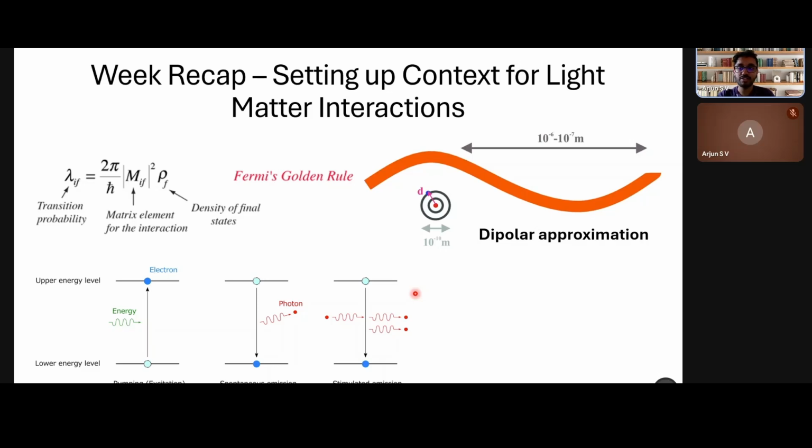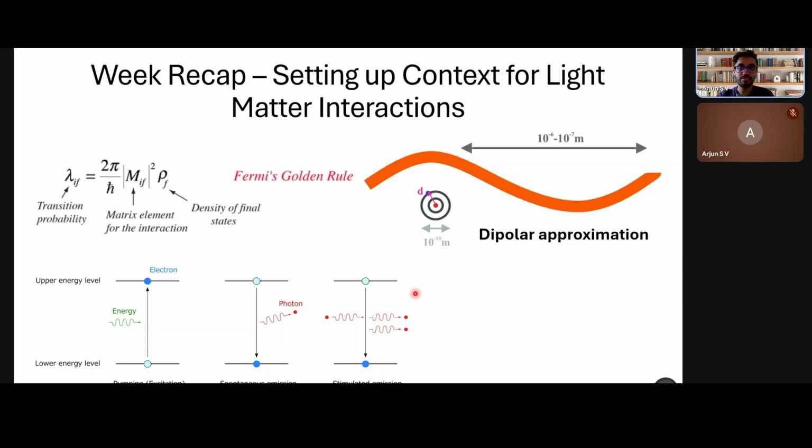Most of these processes were laid out briefly by Einstein, and as per the course instructor, it provided a phenomenological way to balance the rates of light matter interaction.